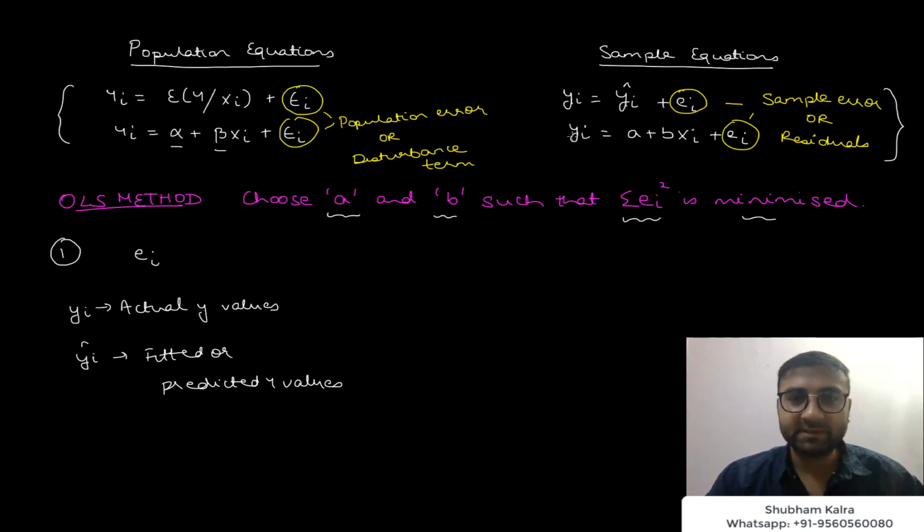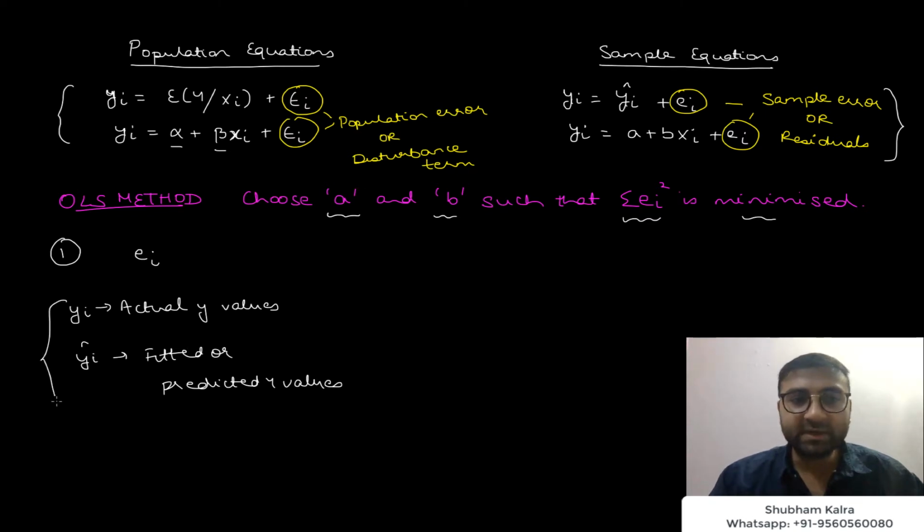If you want, you can make them small letters, so let me just do that over here. I hope you understand this. YI is your actual Y values, that means these are the values on which you have the data. These values are actually a part of your sample. Y hat are your fitted or your predicted Y values.